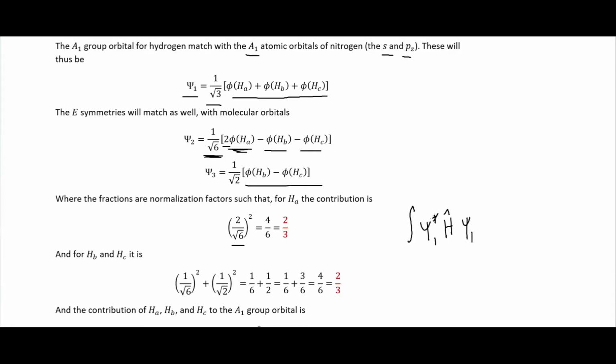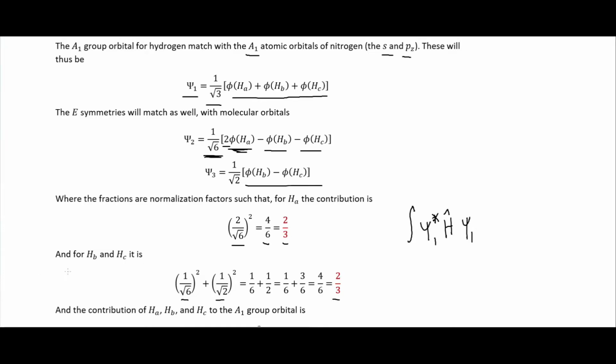So this will actually be the star. And so we're actually multiplying these by each other, and that's why it's squared here. So that gives us the 4 over 6. And for the HB and HC, we have the 1 over 6 squared and the 1 over 2 squared. And so we end up with another 2 over 3.